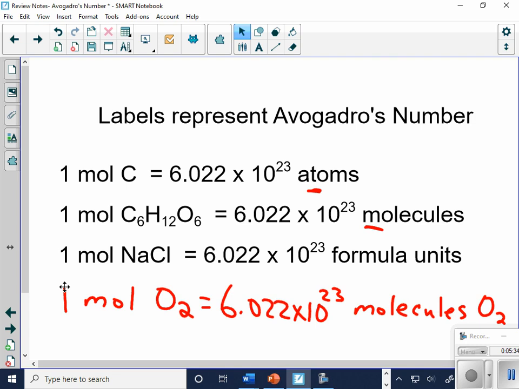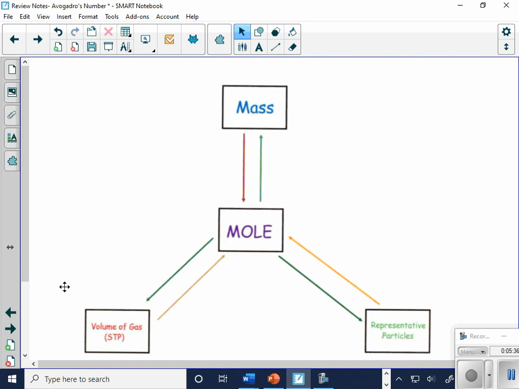Now, when I switch to my next slide, I have here what I call my flux capacitor. And if you look down here where I've got these little arrows, it says representative particles. Now, that is kind of a cover-all of everything.